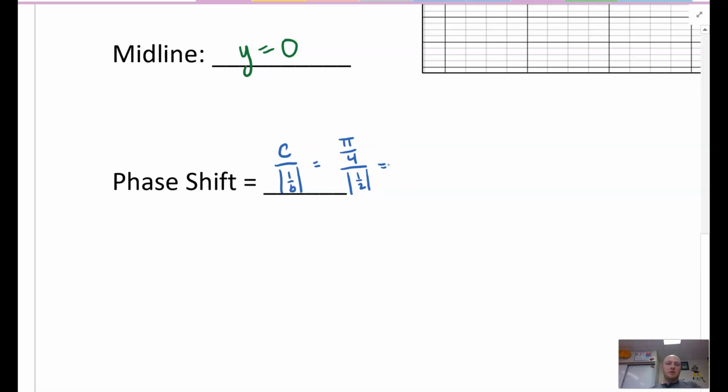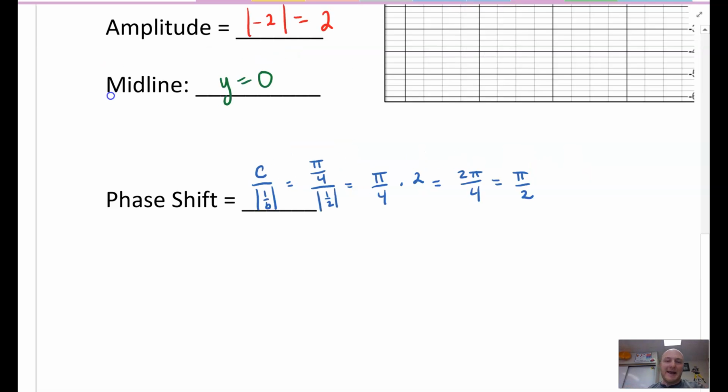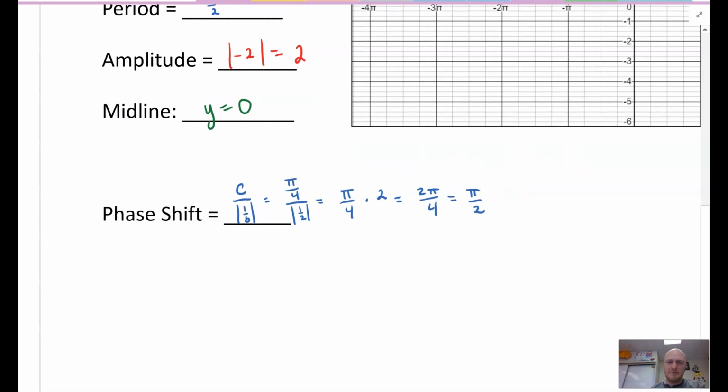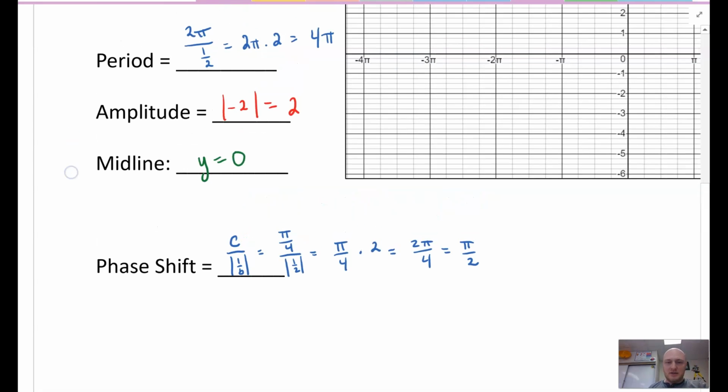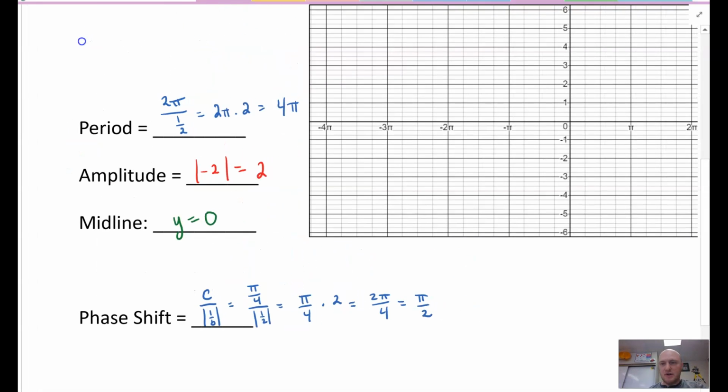So we divide those two values, and what we get is pi fourths multiplied times 2. You can cross reduce, or multiply and then reduce, so 2 pi over 4, which is just pi over 2. So our phase shift, we're going right pi halves. All right, so we found our phase shift.